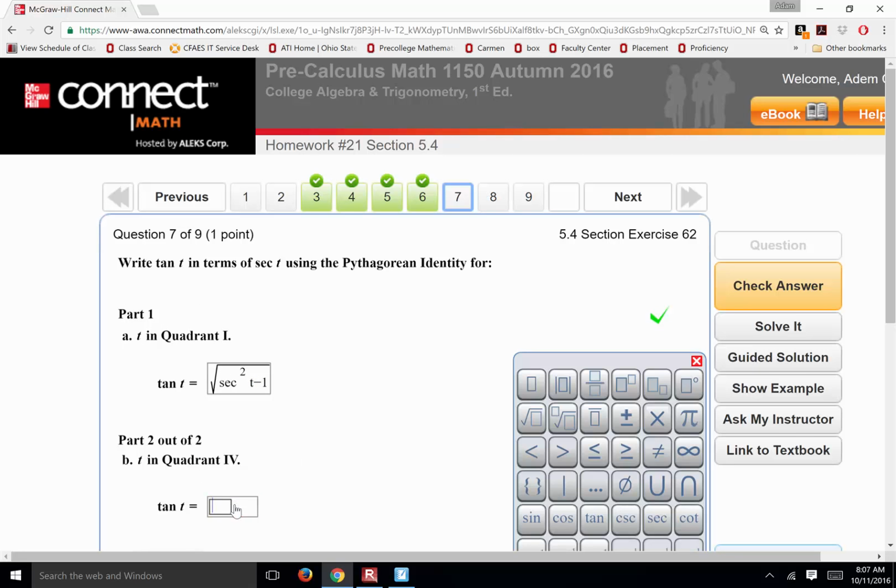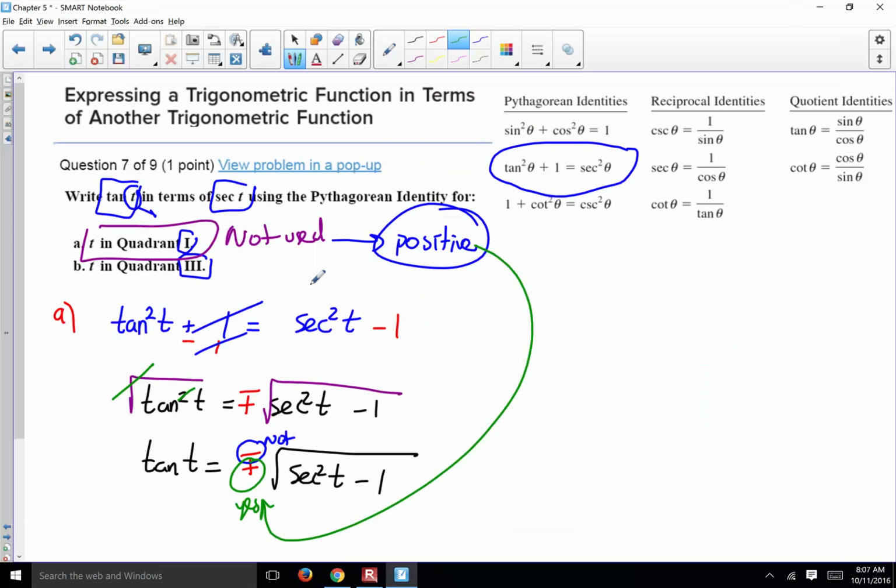Alright, guess what's going to happen in quadrant 4? Well, I need to figure out the sign of tangent in quadrant 4. This is quadrant 4. No, 3. It says 3, right? Sorry. Quadrant 3. What is the sign of tangent? You don't have to cheat. Just pick a point and see what tangent is.